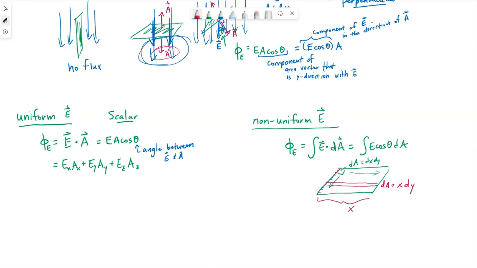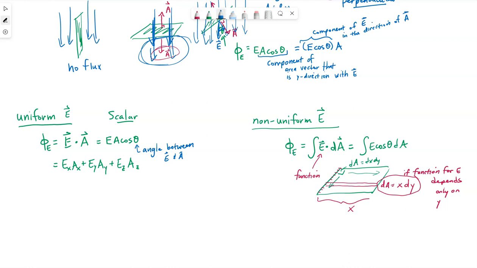For now, any integral you will see will give you a function describing the electric field. And then the area, if the function for E depends only on y, then dA would be this x dy.